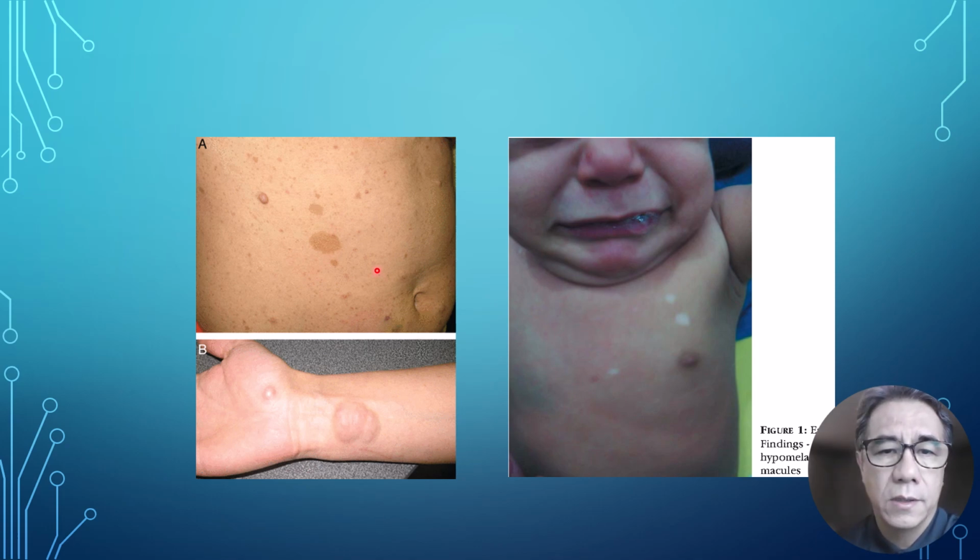So this patient in letter A has these typical cafe au lait spots, often seen in patients with neurofibromatosis, and these hypomelanotic macules are in patients with tuberous sclerosis.